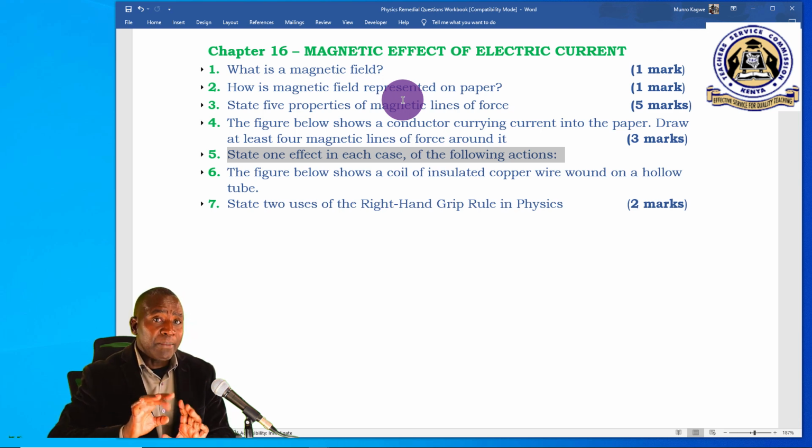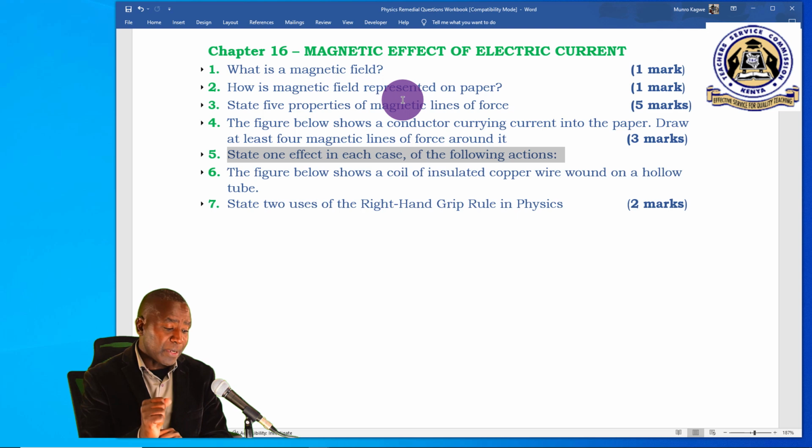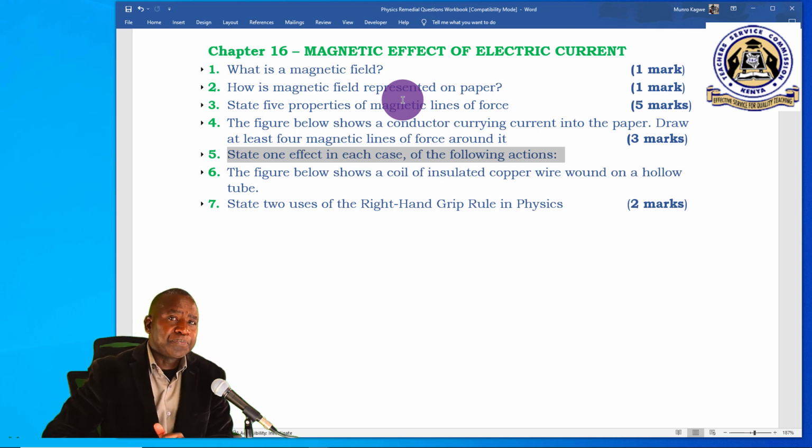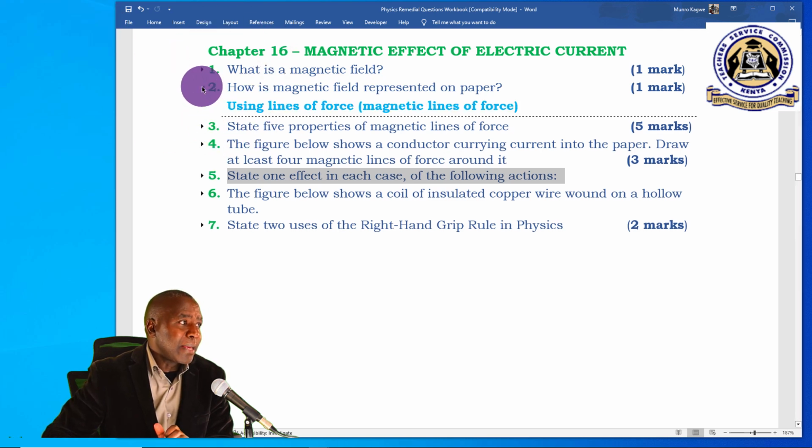And from time to time, you are asked to draw the magnetic field around a bar magnet on paper. You'll remember that we use magnetic field lines. So a magnetic field is represented on paper by magnetic field lines, or using lines of force, magnetic lines of force.